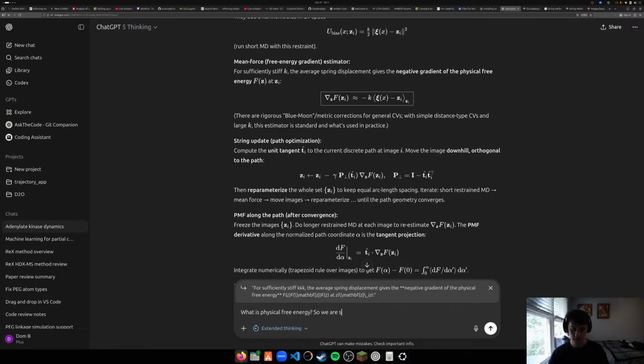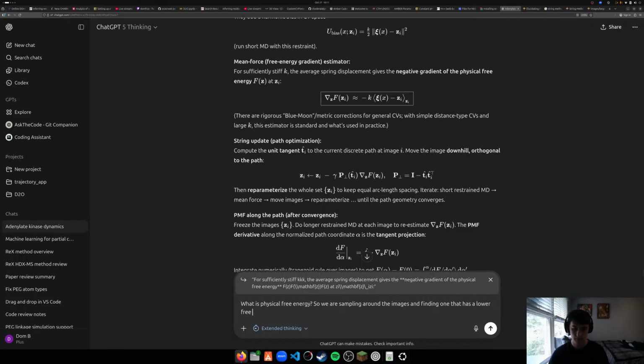So we are sampling around the images and finding one that has a lower free energy. Oh.